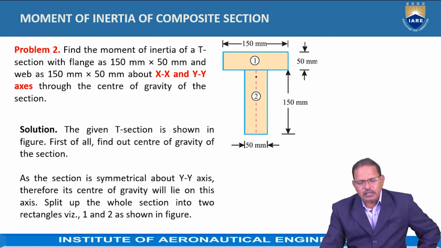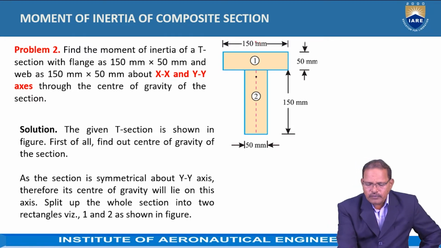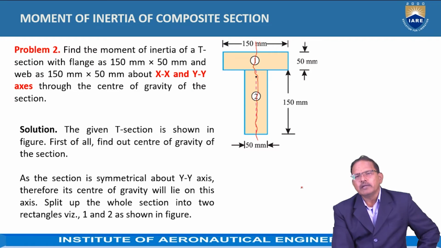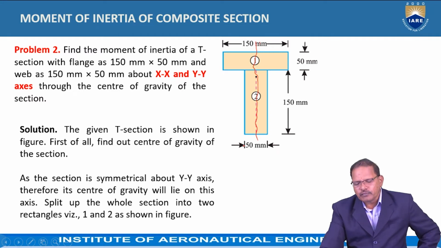But in this figure, if we observe, it is symmetrical about the vertical line. If you draw the lines, this vertical line is the symmetrical line. Hence this is treated as the vertical reference line.